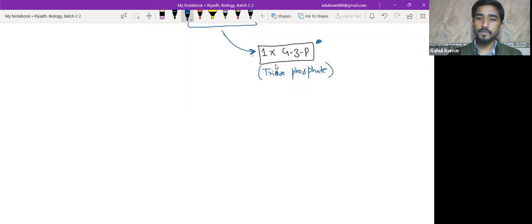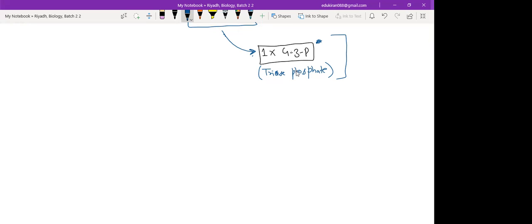So this triose phosphate, or you can also write, it acts as a precursor for synthesis of starch and sucrose. This final product acts as a precursor for the synthesis of starch or sucrose. Is it clear, everyone? Yes, sir. Now let's talk about sucrose synthesis.